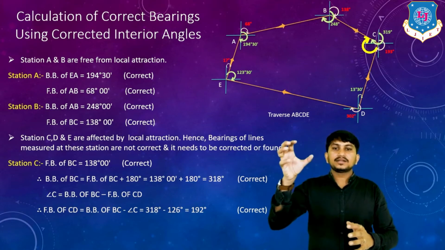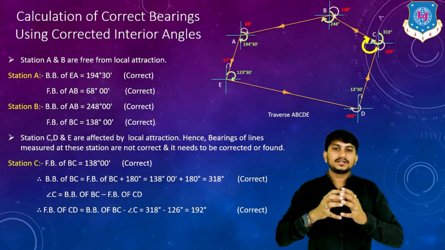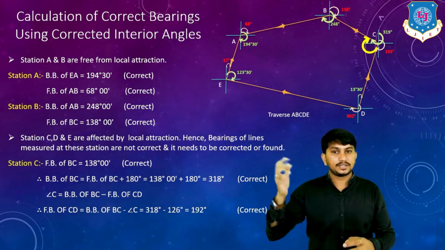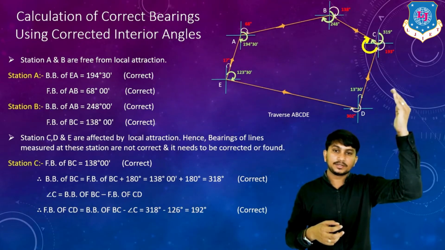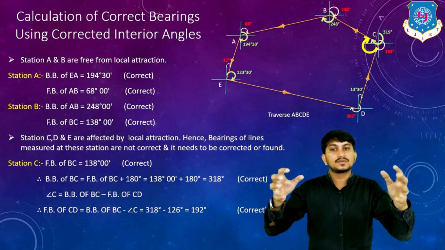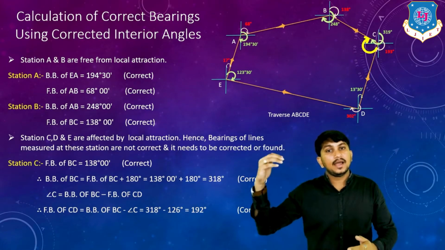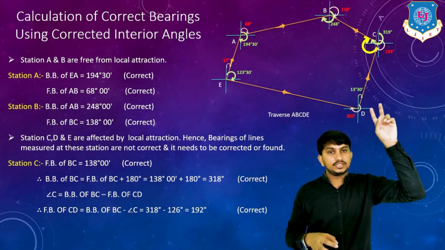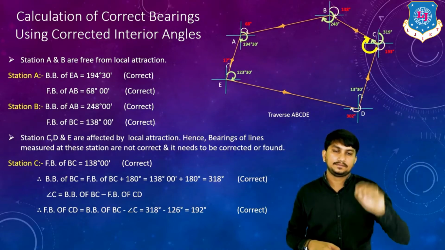Using this corrected angle C and the corrected BB of BC, we can find out the correct FB of CD. This is how we can find out the readings of angle C.